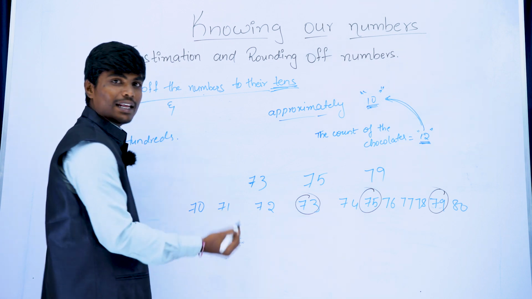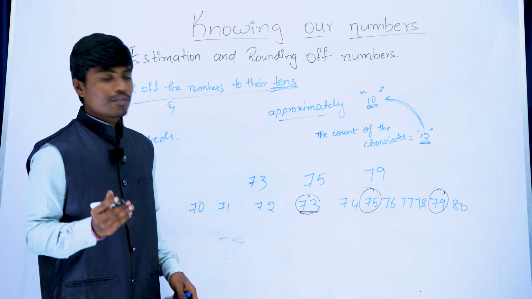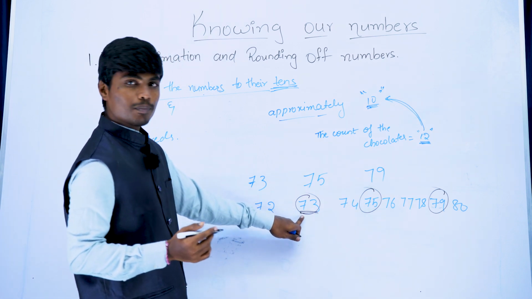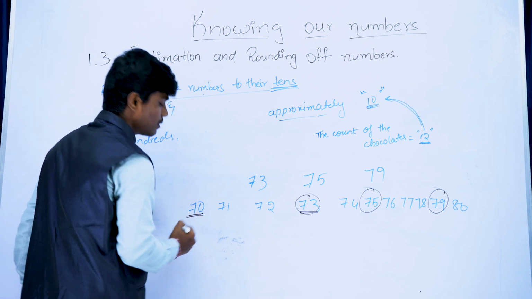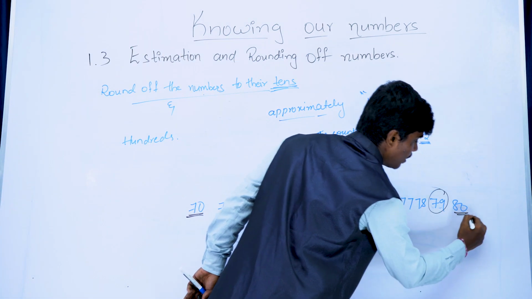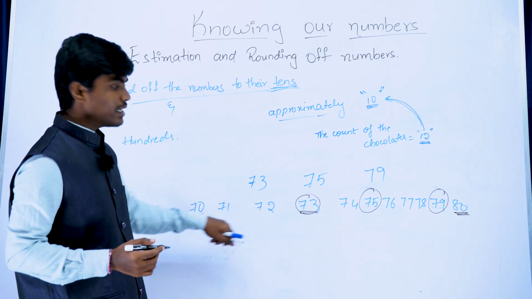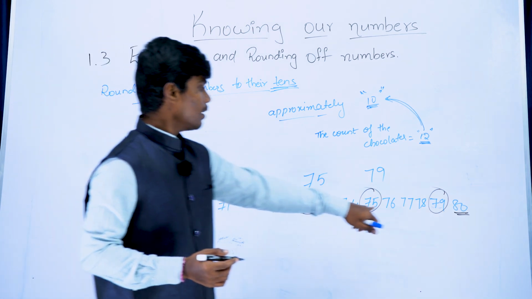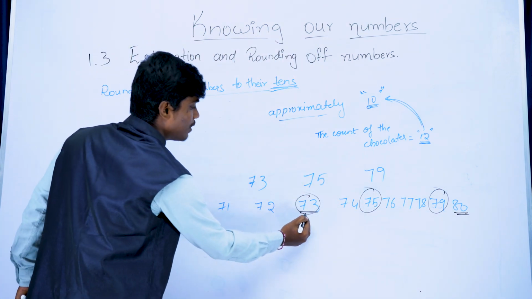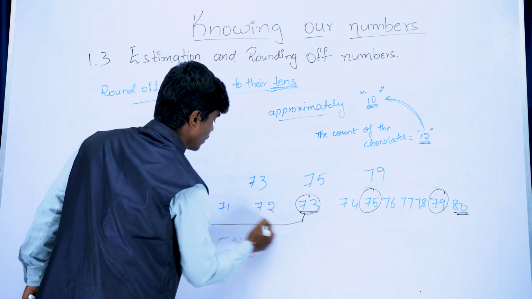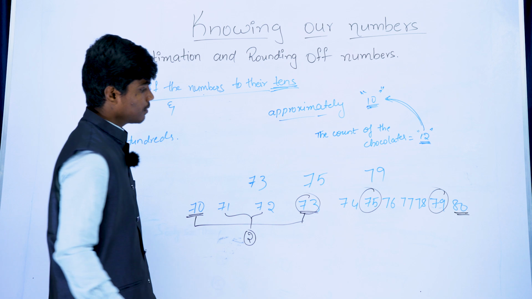First take 73. We have to round it off to its nearest tens. The nearest tens are 70 and 80. So let's check whether 70 is nearer to 73 or 80 is nearer to 73. Between 73 and 70, there are two numbers.